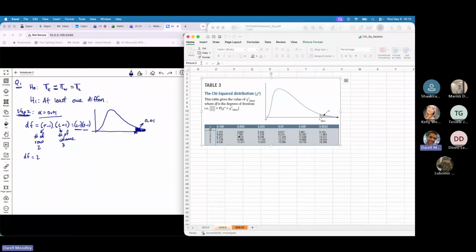Let's take it across, and where it intersects the column where alpha is 0.01, you'll see that your value here is 9.21. So that's the value on our horizontal axis. That's your chi-squared critical value. So in other words, everything from here onwards is going to be rejecting H naught, and everything before it, we will accept H naught.